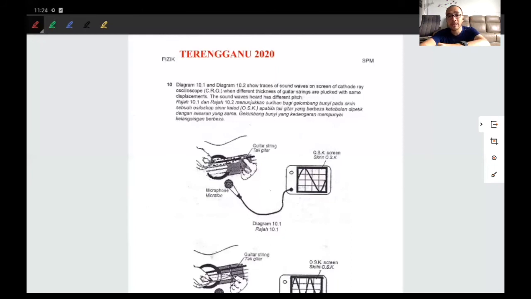So I'm a little bit surprised why many of this year's trial questions are on electromagnetic waves, because last year SPM 2019, let me just double check now, was sound waves. The question was about a concrete wall: how are you going to design a concrete wall so that the sound from the highway doesn't go into the houses next to it? So it's pretty strange that the trials this year focus on waves again.